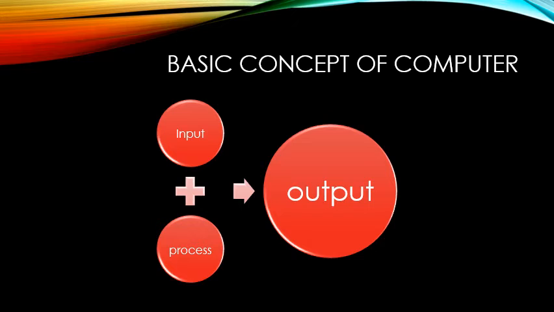So after the raw facts have been inputted, the computer will do the processing and transform those raw facts into consumable information, and then give it out as output. Those are the basic concepts of computer: the input, which is the raw facts inputted into the computer, which is data, the process, and the output.